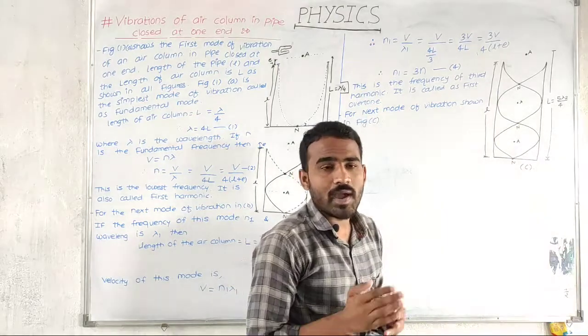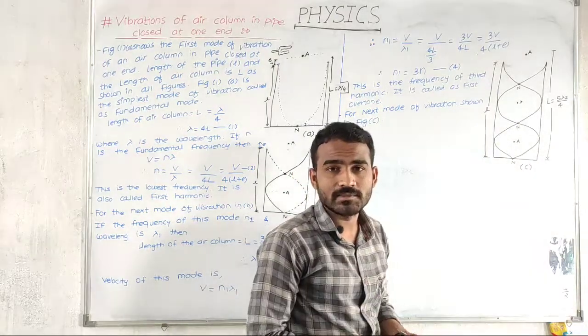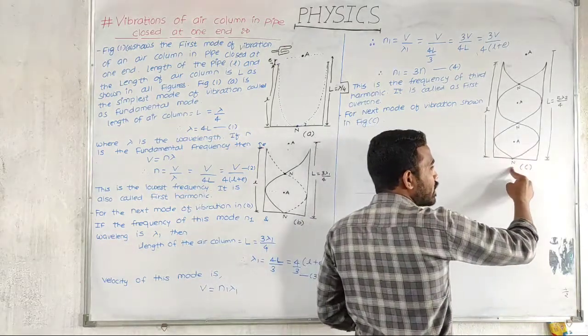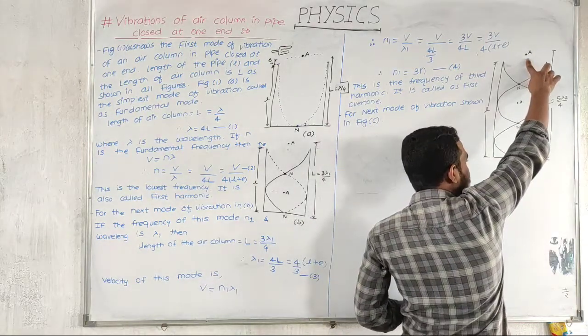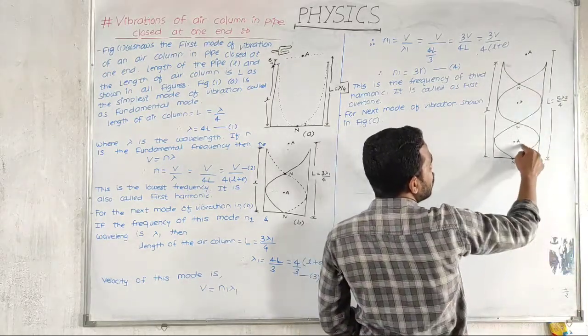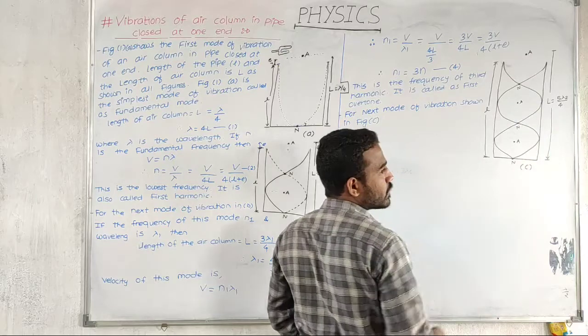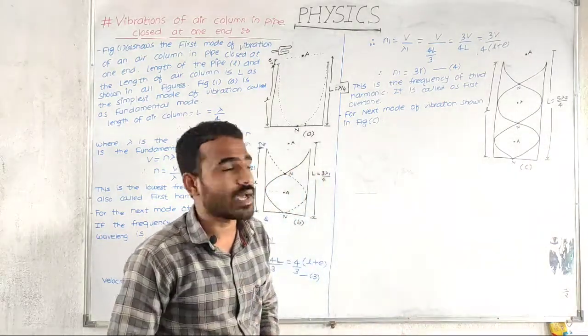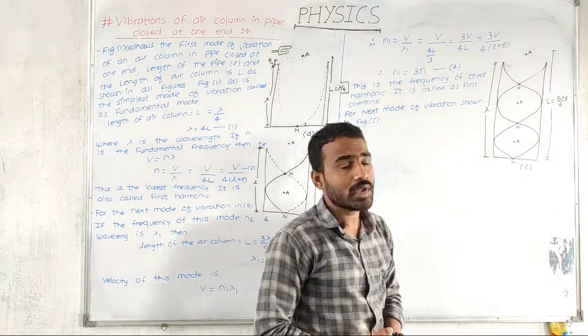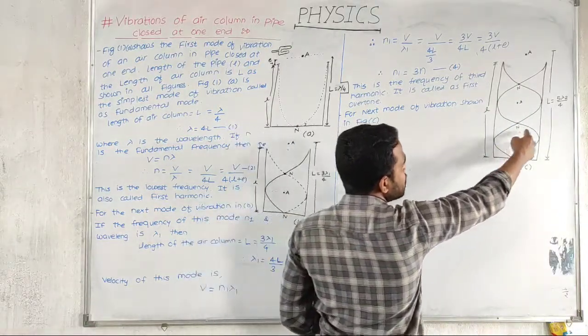So we are vibrating this air column in such a way that there is a node at the closed end and one antinode at the open end, and two more nodes and two more antinodes in between. Like this we are vibrating this air column. This is the loop structure.